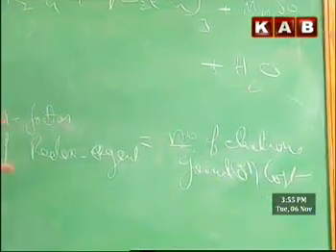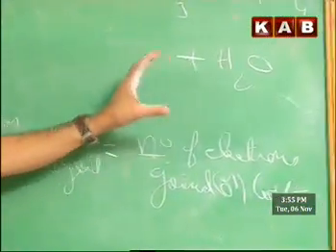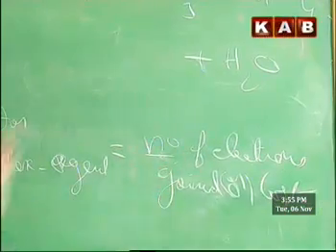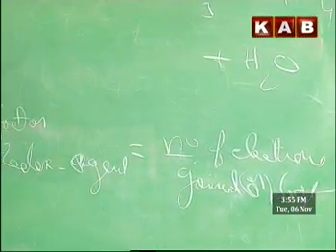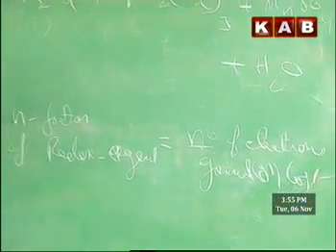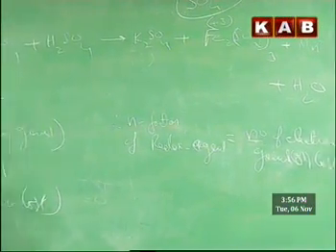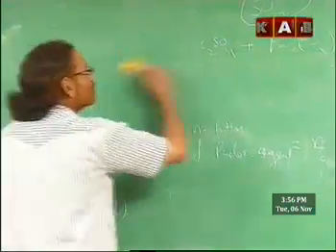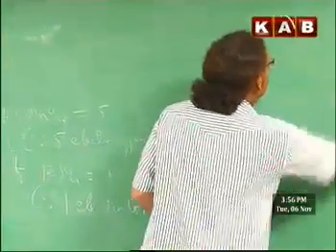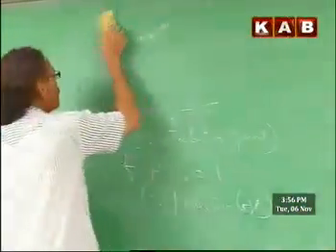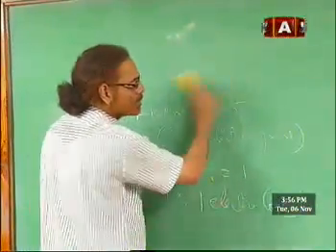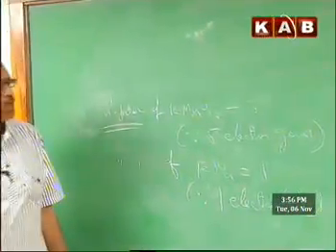So generally for redox reagents we say number of electrons gained or number of electrons lost. If you know that, that is the N factor. If the N factor is known, we can tell the equivalent weight.